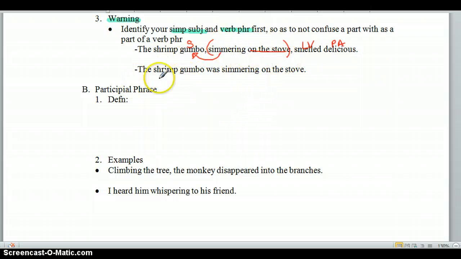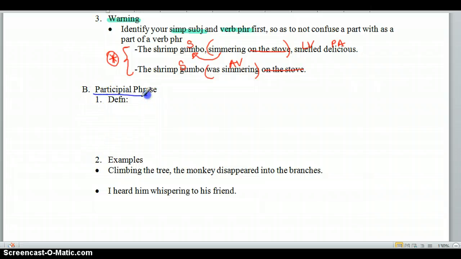But compare that to the sentence, the shrimp gumbo was simmering on the stove. Here on the stove gets crossed off, and was simmering is your action verb for the subject gumbo. So these two sentences say the same thing differently in their structure.